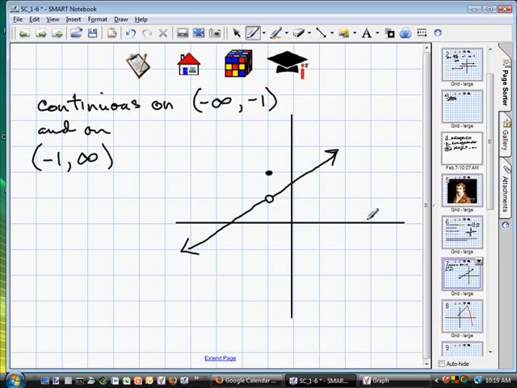So we can define intervals of continuity. So it's perfectly okay from -∞ to -1. It's perfectly okay from -1 going on forever. We just have that one problem that's discontinuous. I should say that. It's discontinuous at, okay. So we got kind of our notation down.